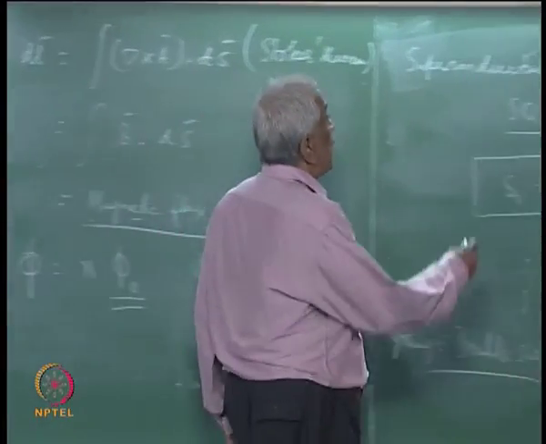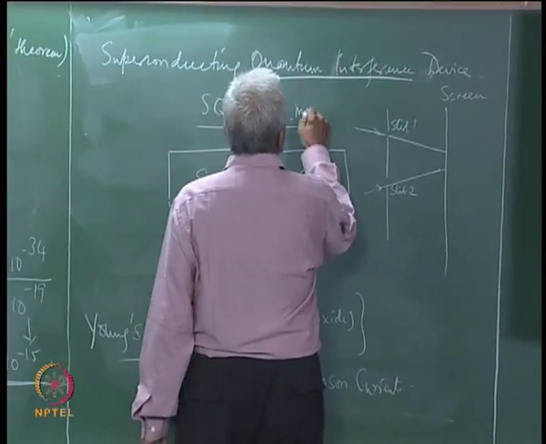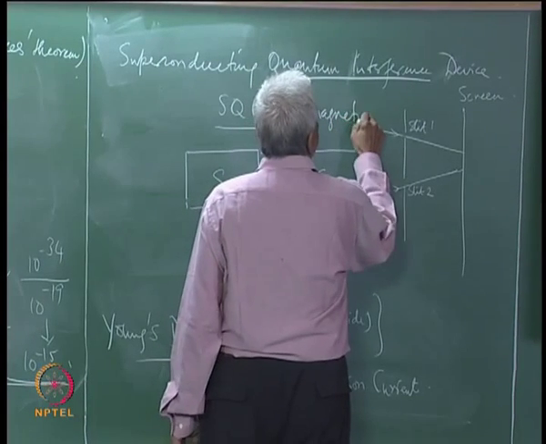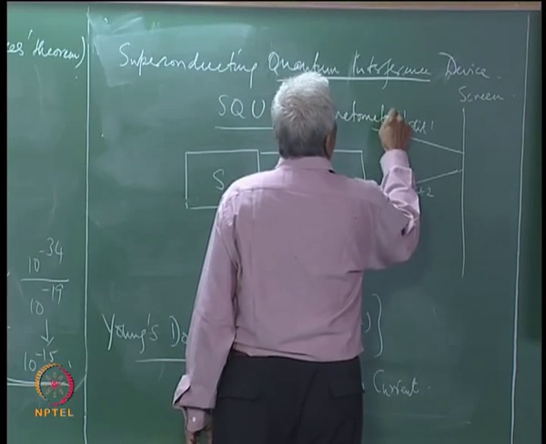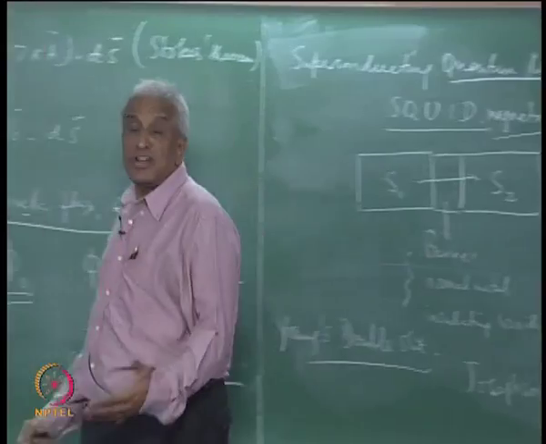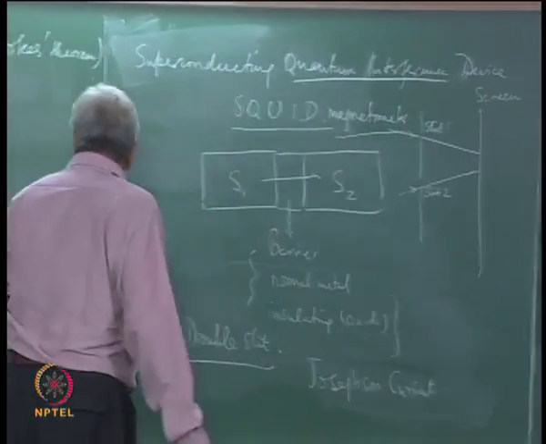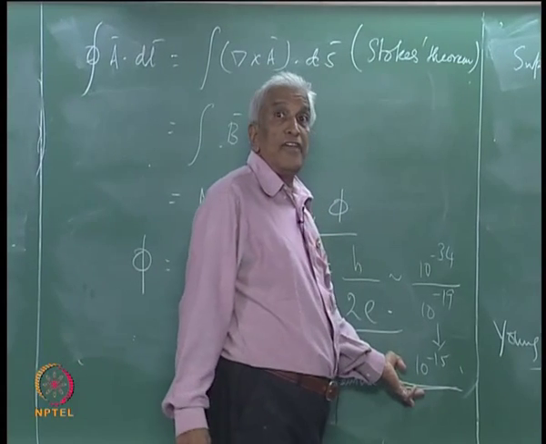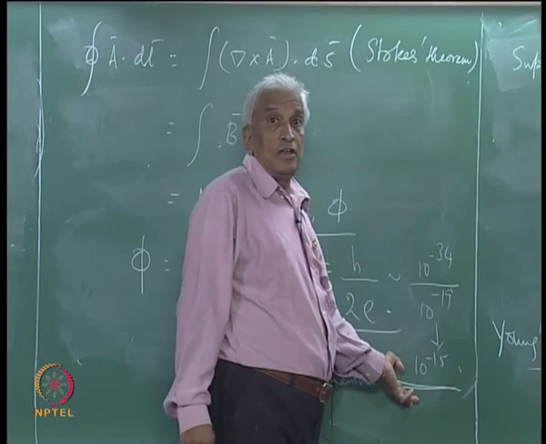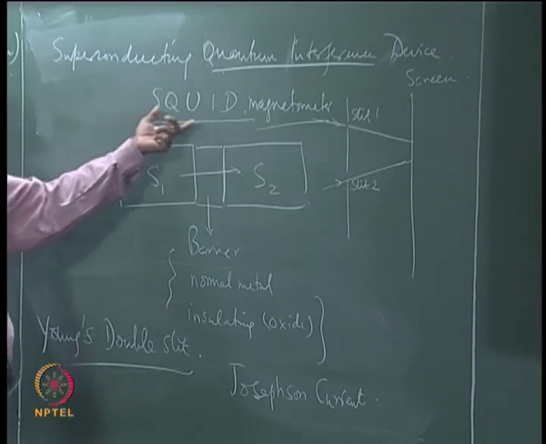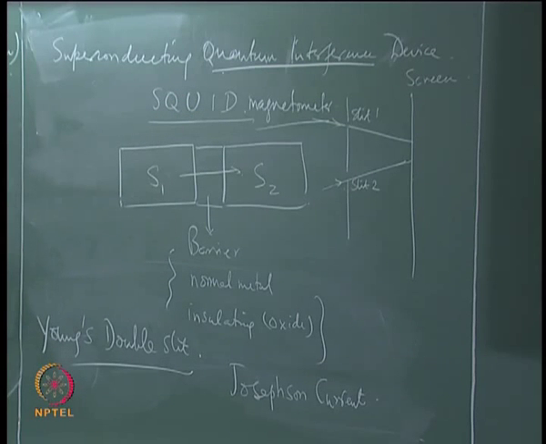So, this is known as the Squid Magnetometer, which measures the changes in the magnetic flux in units of the flux quantum in a very sensitive fashion due to extremely small changes in the applied magnetic flux.